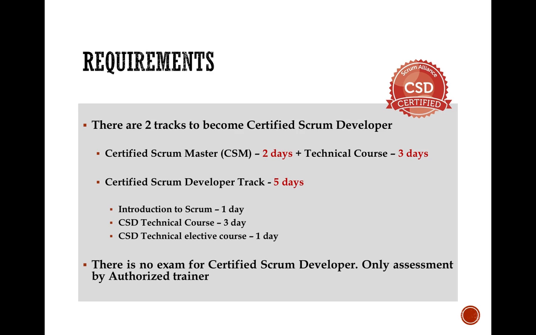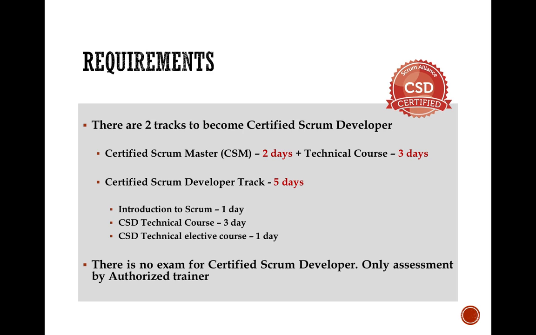As I said, the requirement is in two different tracks, 3 days track and 5 days track. The 3 days track is applicable if you are already a Certified Scrum Master or planning to become one. If you are not a CSM, then it is better to go for the 5 days workshop. This 5 days workshop will cover Scrum, a 3 days technical course, and a 1 day technical elective course.